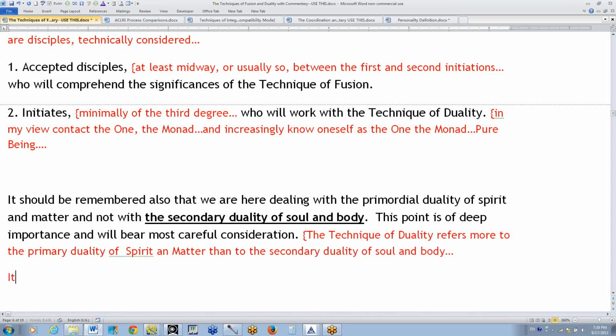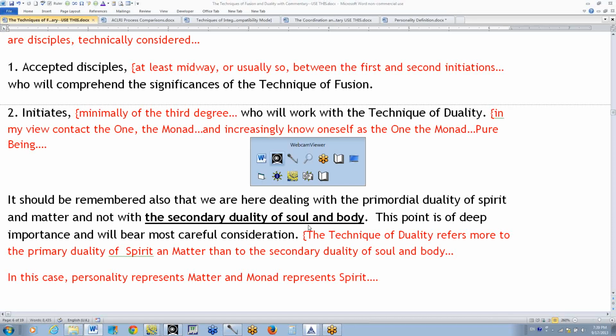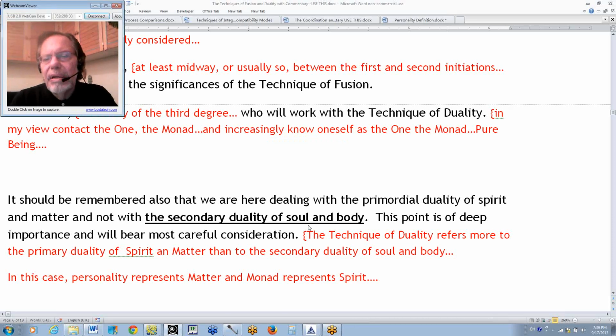Well, in this case, personality represents matter, and monad represents spirit. So we are moving beyond the ahamkara here.